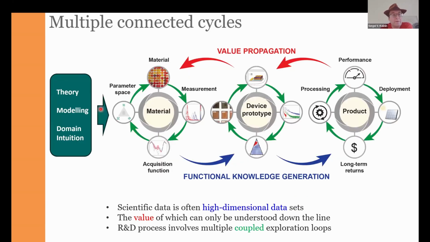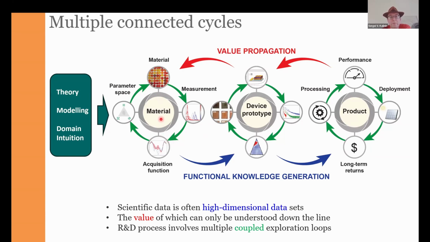And in fact, this is absolutely normal for science in general. We never deal with a single optimization loop. Real science always works like multiple connected loops. On the one end, we deal with a lab type of environment where the feedbacks are fast and the theory, if you will, is fairly fundamental.